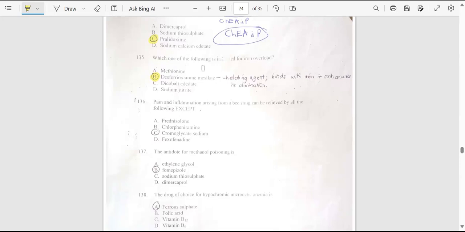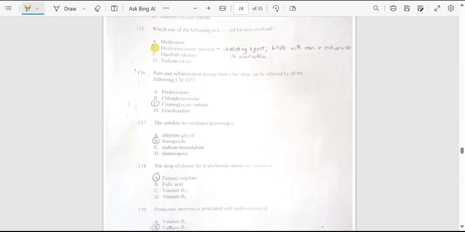136, pain and inflammation arising from a bee sting can be relieved by all the following except. You were stung by a bee yesterday, what did you use?